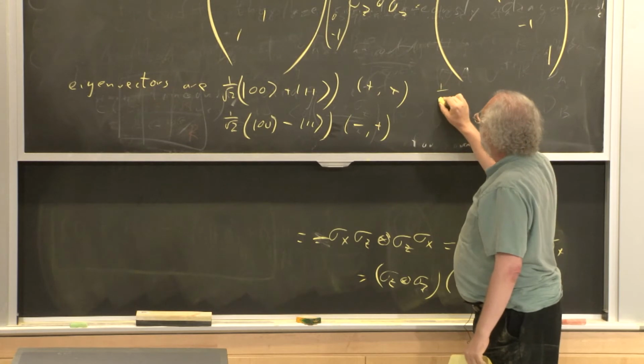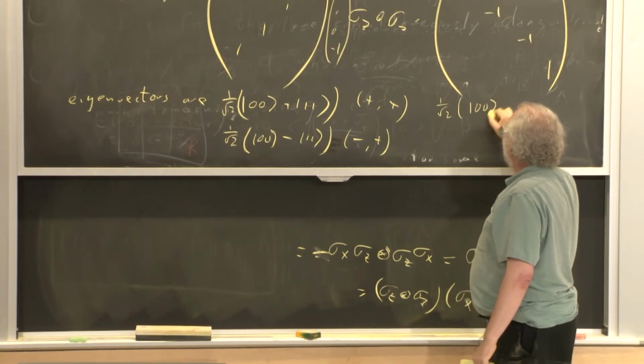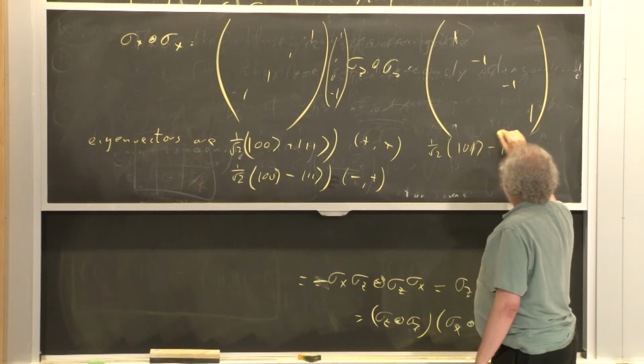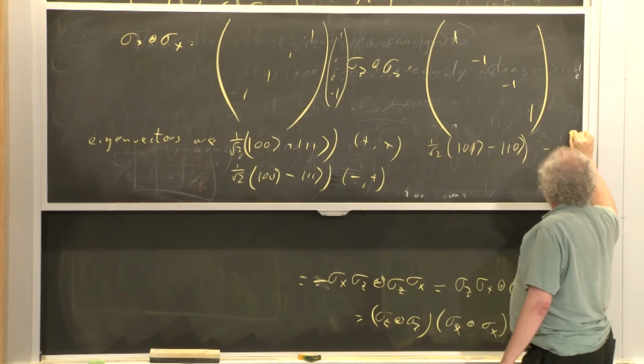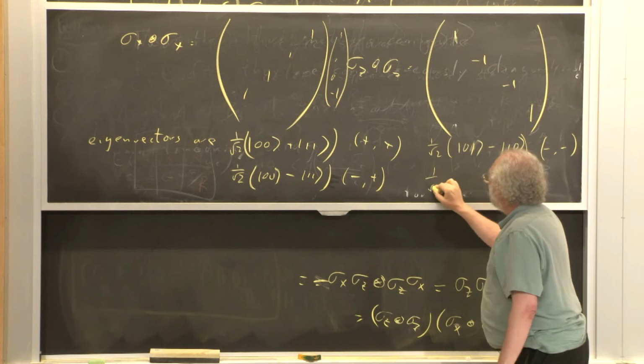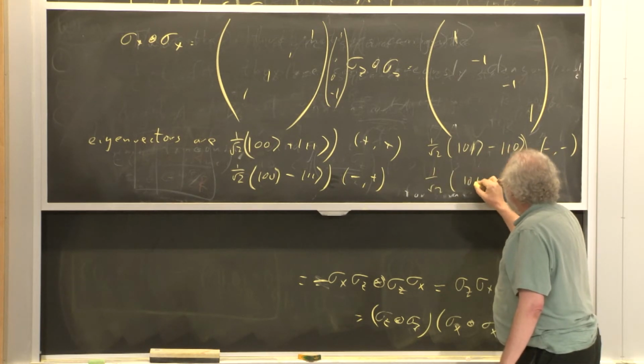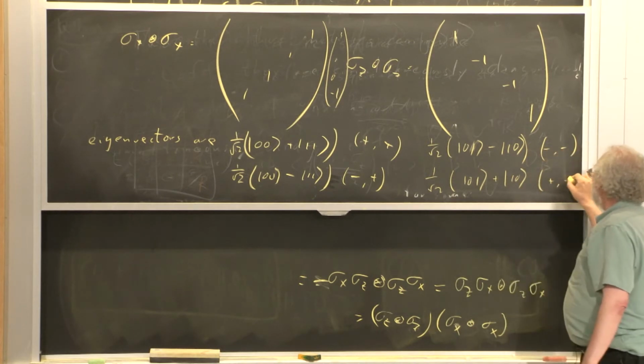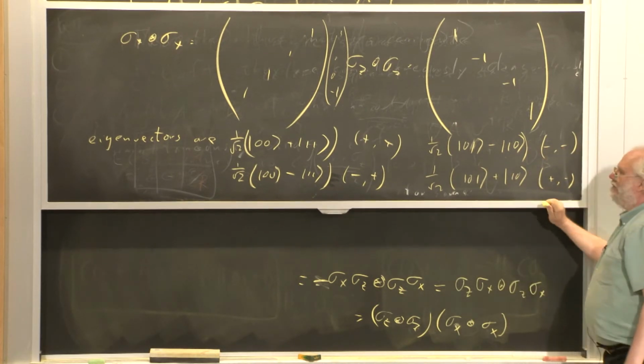And then 1 over root 2, 0, 1, minus 1, 0. And that's in the minus minus eigenspace. And 1 over root 2, 0, 1, plus 1, 0. And that's in the plus minus eigenspace.